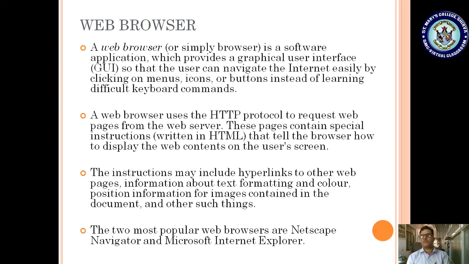The instructions may include hyperlinks to other web pages, information about text formatting, color, and positioning information for images contained in the documents, and other such things. So whatever instructions are available in your HTML include hyperlinks to other web pages, and information in the form of text formatting, color, and position information for images contained in the document.